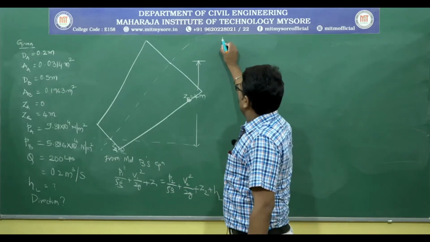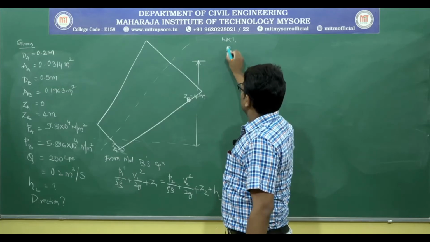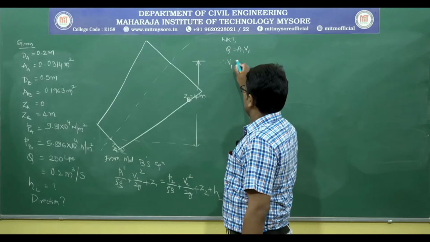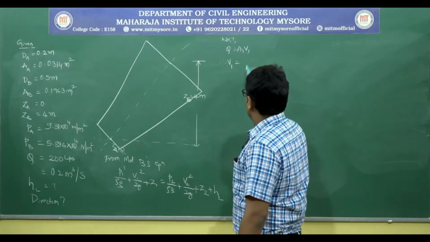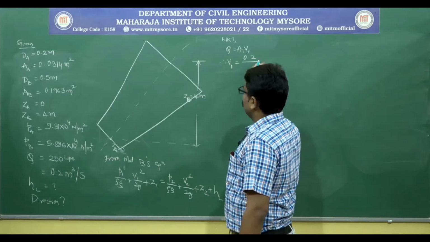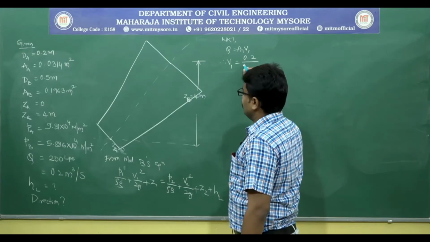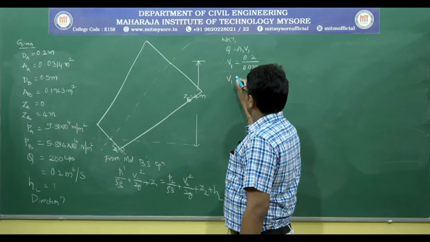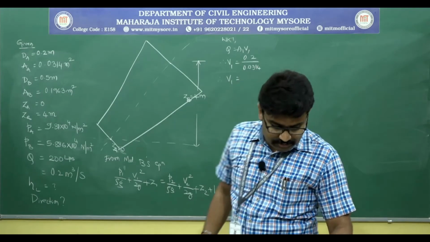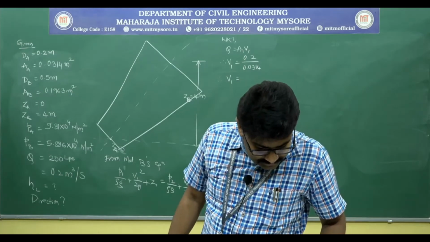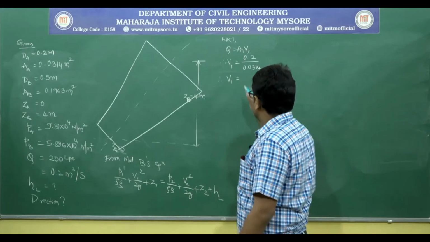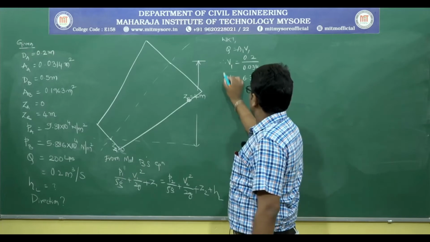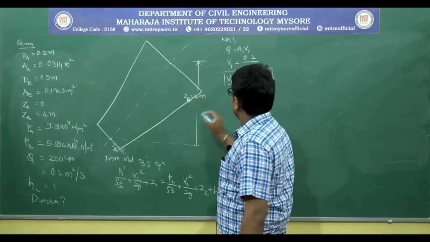Now we know that Q is equal to A1 V1. Therefore V1 is equal to Q by A1. Q is 0.2 divided by area at section 1, 0.0314. So V1 comes out to be 6.369 meter per second.